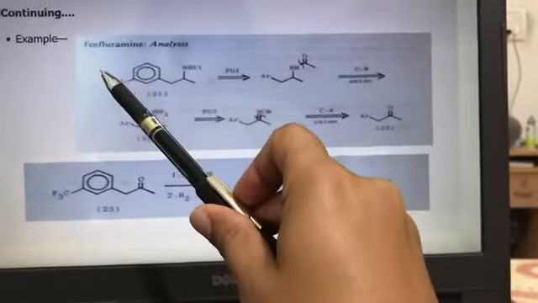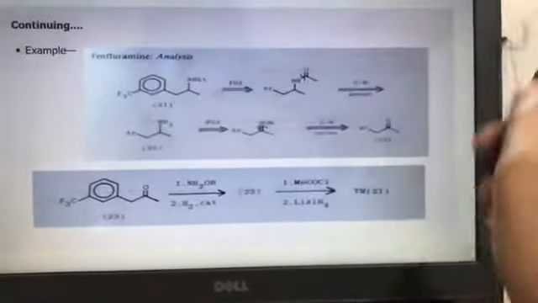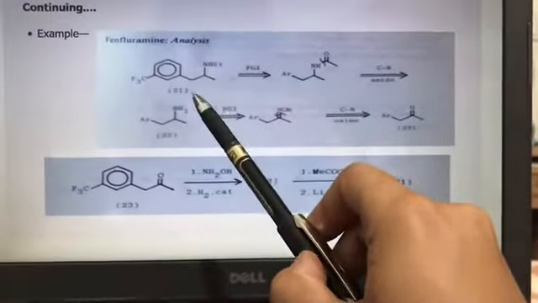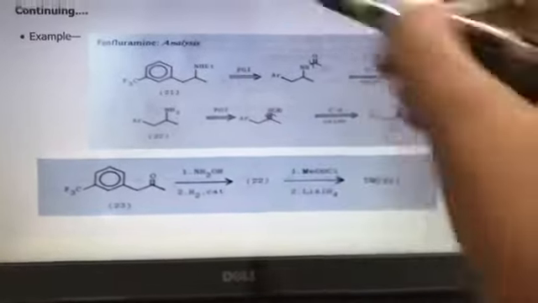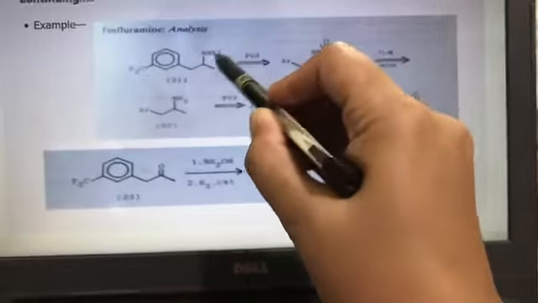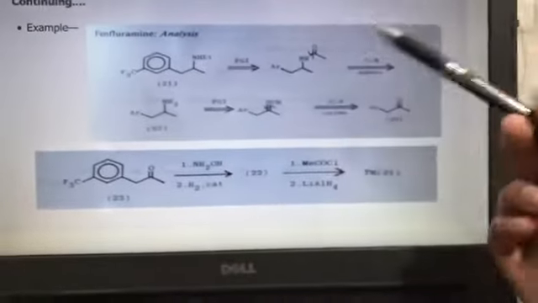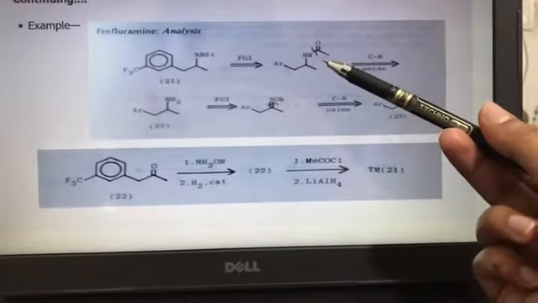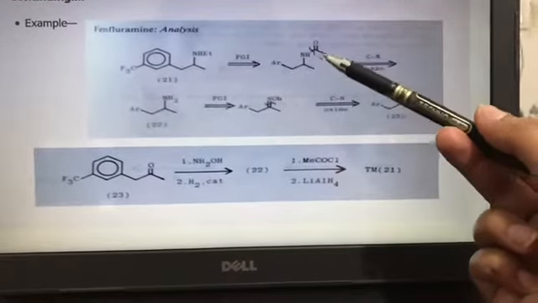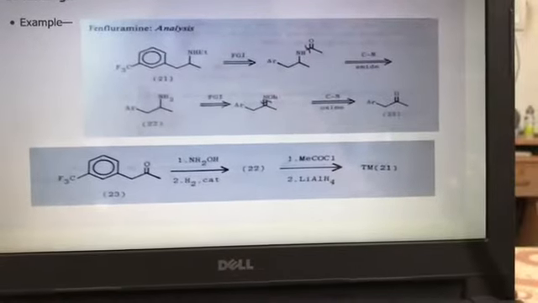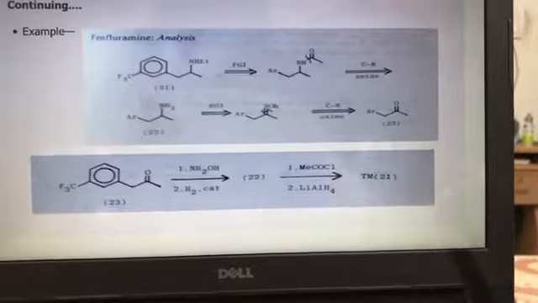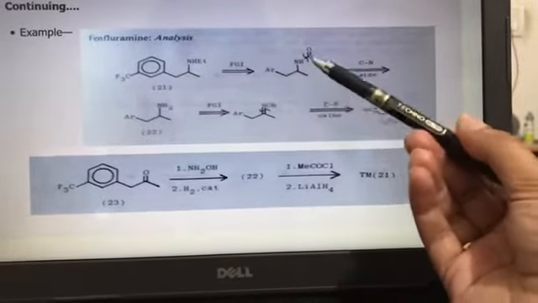This is fenfluramine. Here is the target molecule, and we disconnect it from the ethyl group firstly, and we get a ketone upon using FGI, and then we disconnect it from here, the CN bond disconnection, and then we can get this molecule.